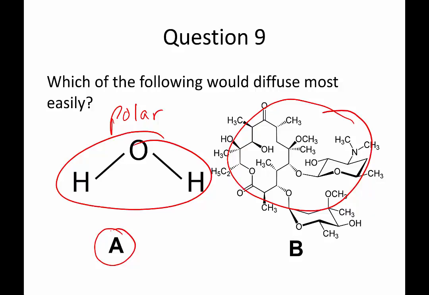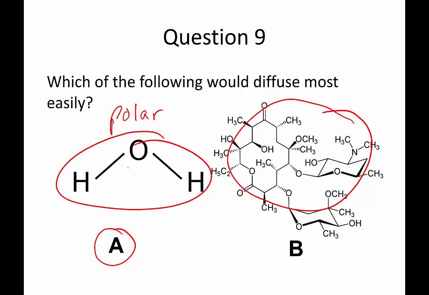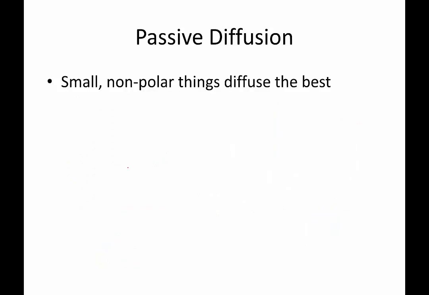You can imagine something small fitting through the plasma membrane is much easier than something huge, since something big is going to have a harder time squeezing through the phospholipid bilayer. In general, for passive diffusion, small nonpolar molecules diffuse the best.